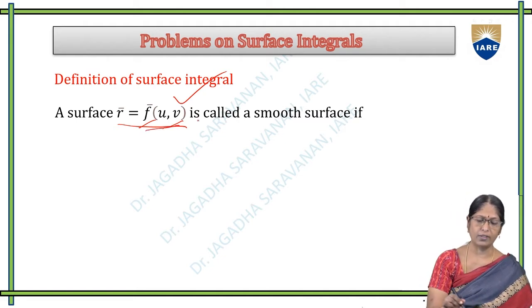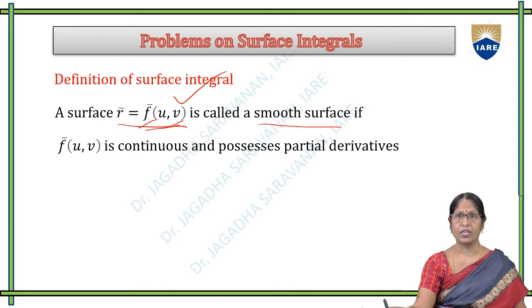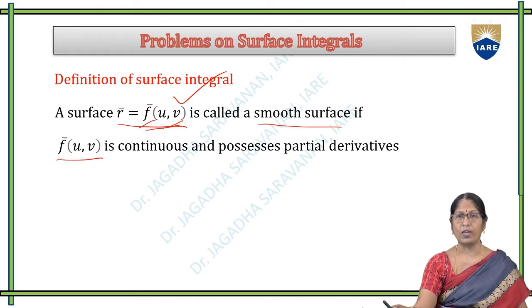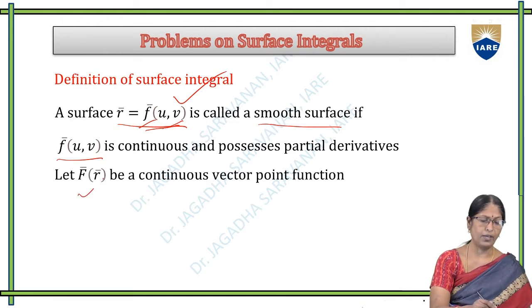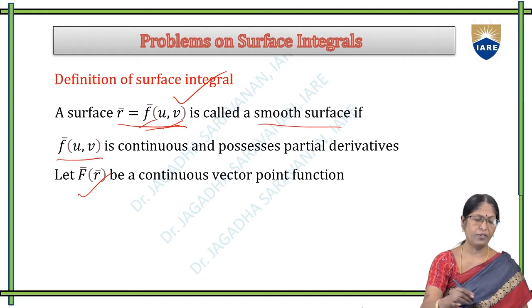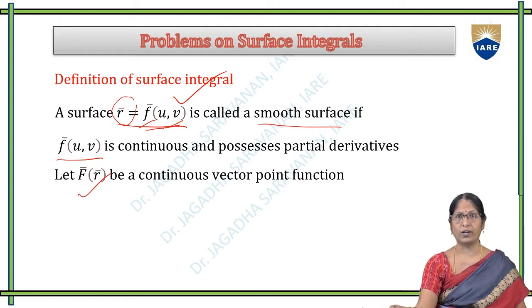This is a very smooth surface if f bar of u comma v is continuous and possesses partial derivatives. Then capital F vector, in terms of R, which we already defined. What is that? That is a smooth surface.